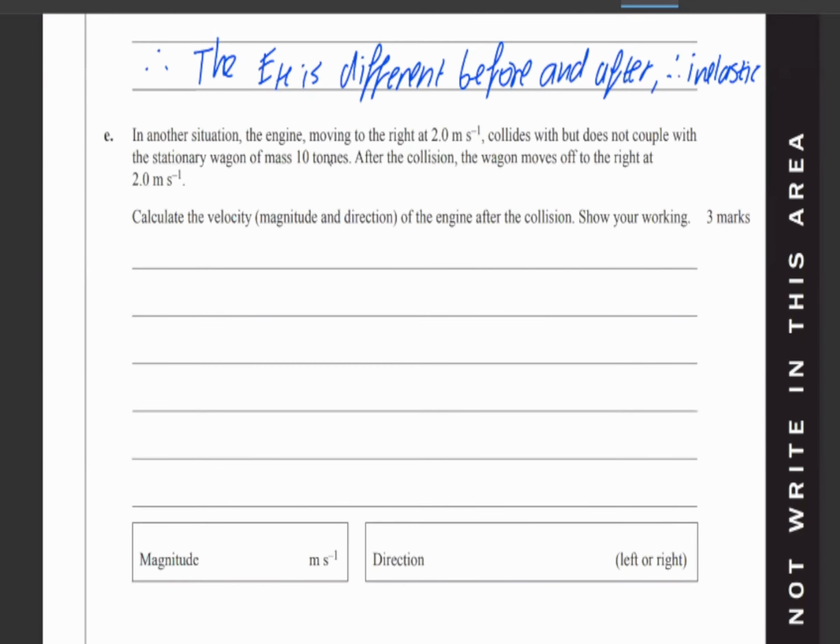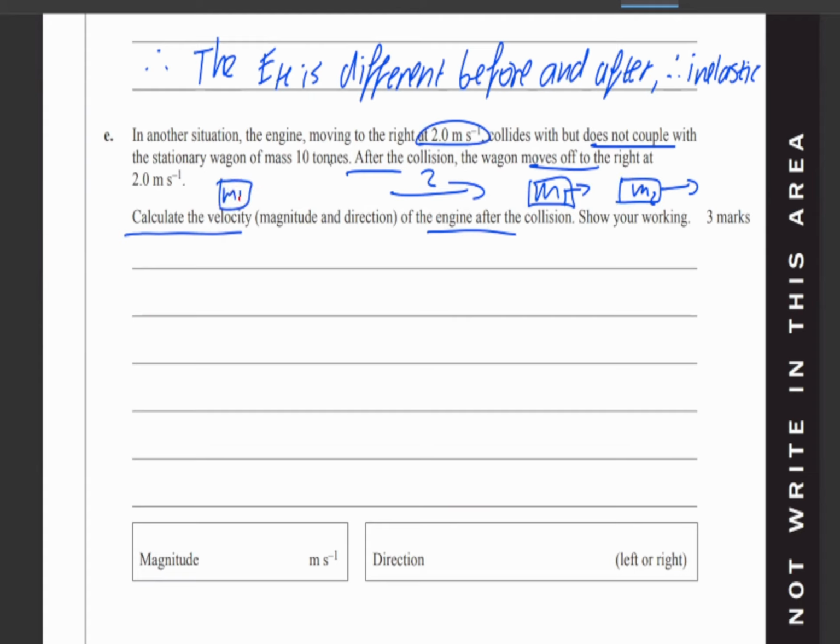Next part, calculate the velocity before and after. So it's moving to the right with M1, but does not couple with the stationary one. So this one's going to keep moving. So M2 is going to keep moving, and this one's going to lose velocity and just travel slower, I guess. Here with M2, and this is going to be 0.